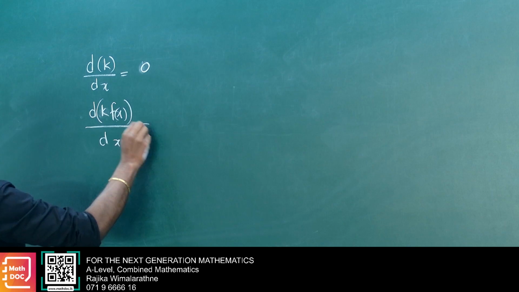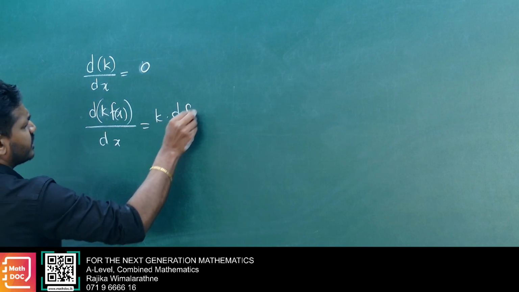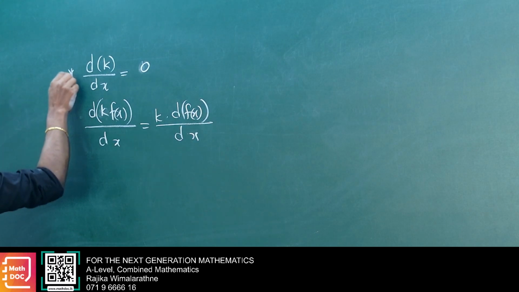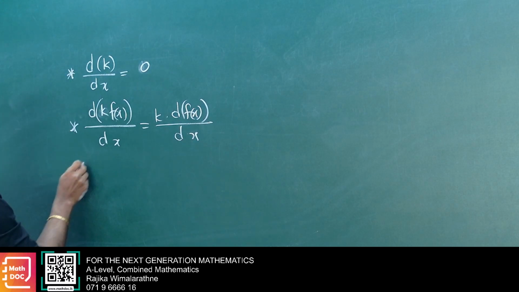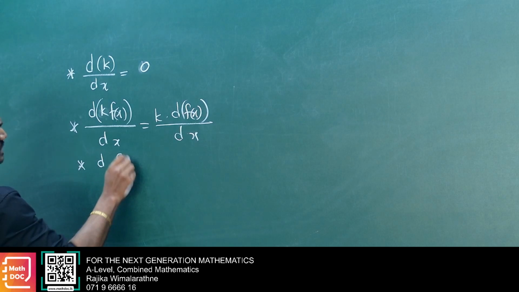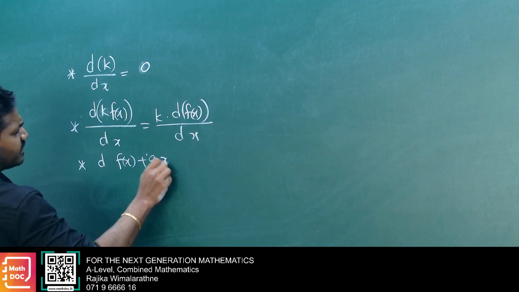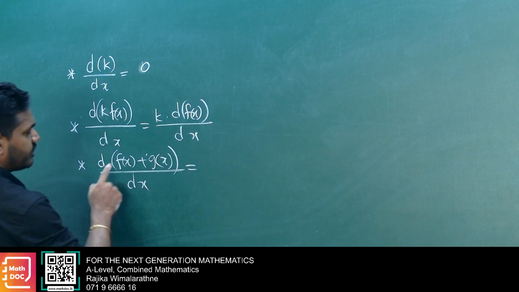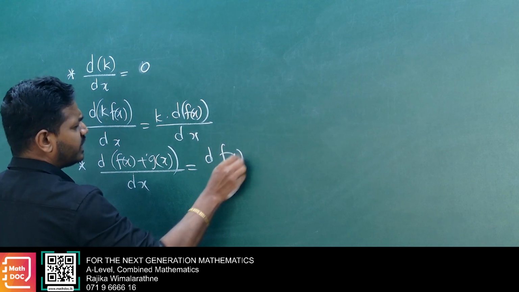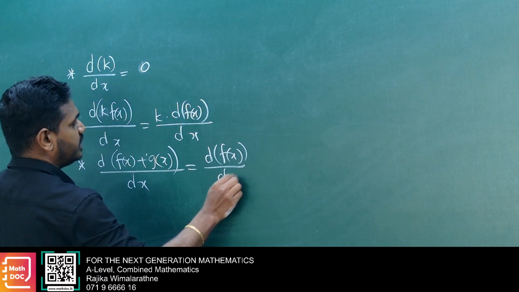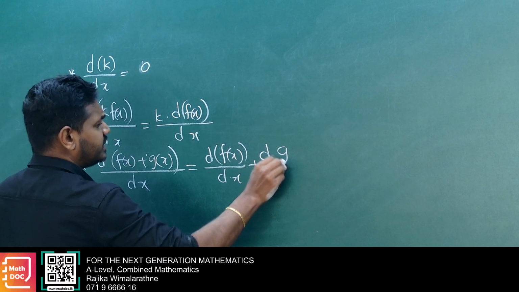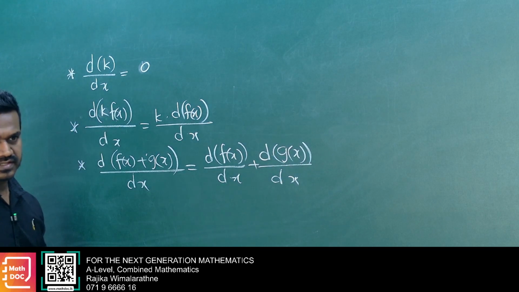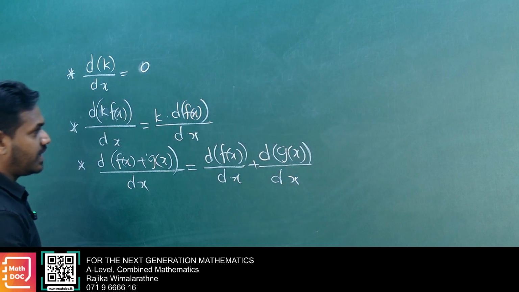You can take a constant outside, the same rules we discussed previously. d of f(x) plus g(x) over dx you can split into df(x) over dx plus dg(x) over dx. Likewise you can apply.